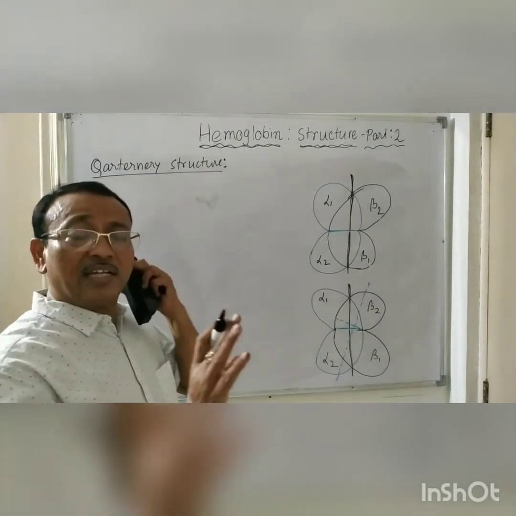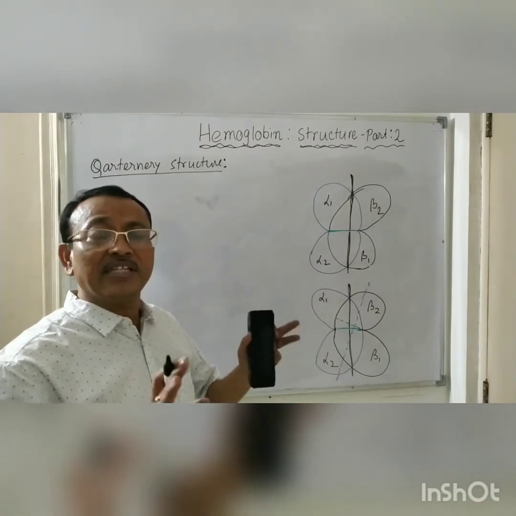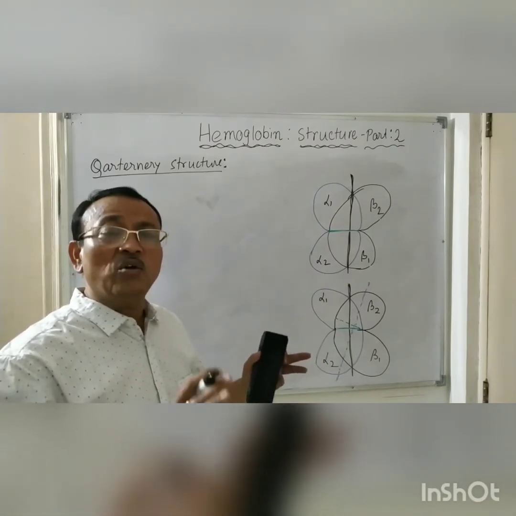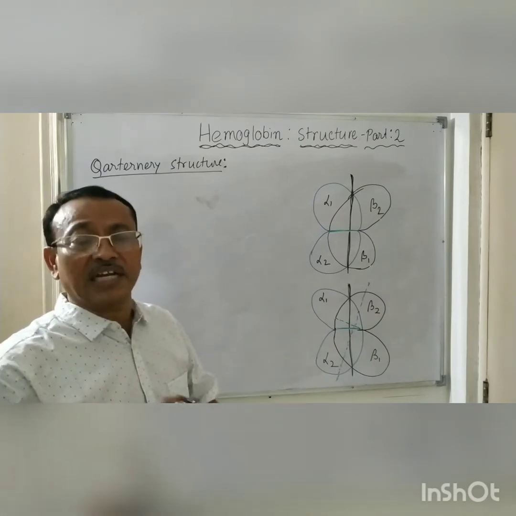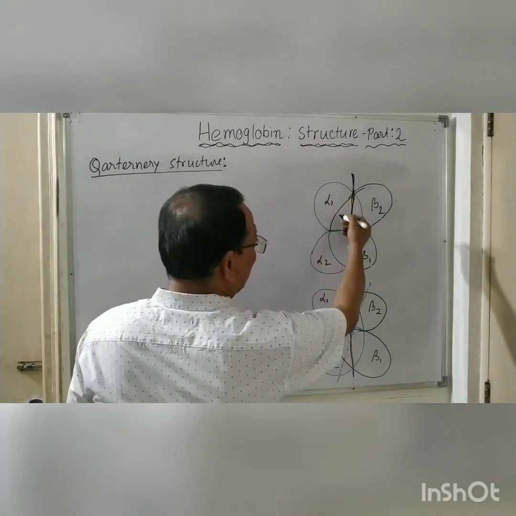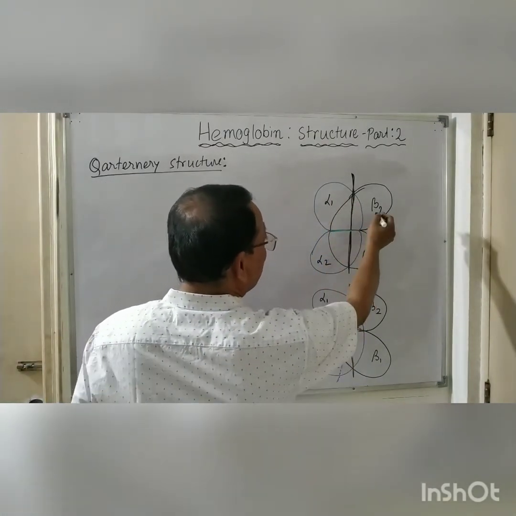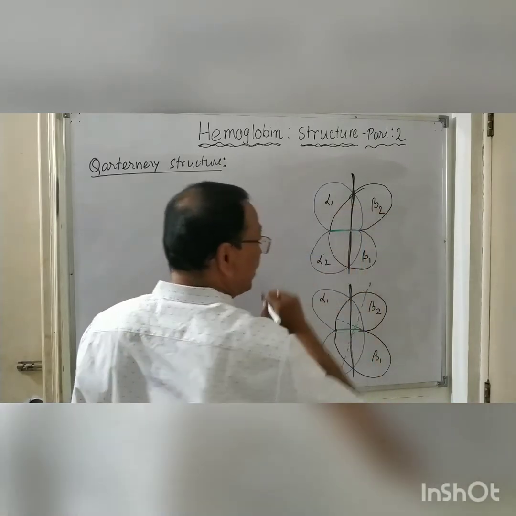As I told, two alpha and two beta chains are present in the hemoglobin. So here, suppose, are the alpha chains, two alpha chains. The hemoglobin molecule is comprised of two alpha chains and two beta chains.